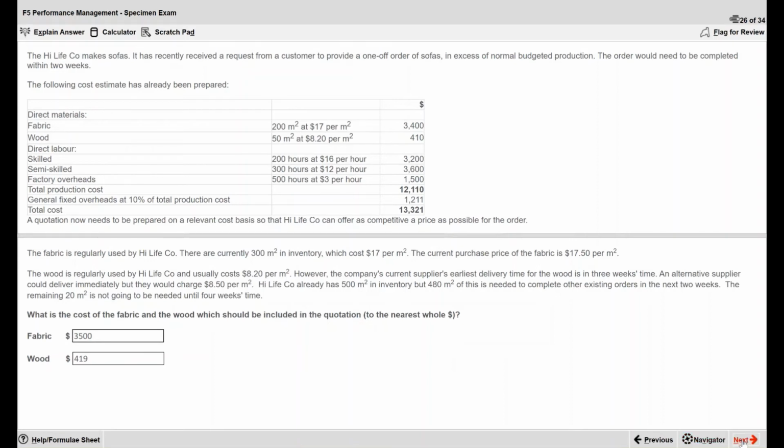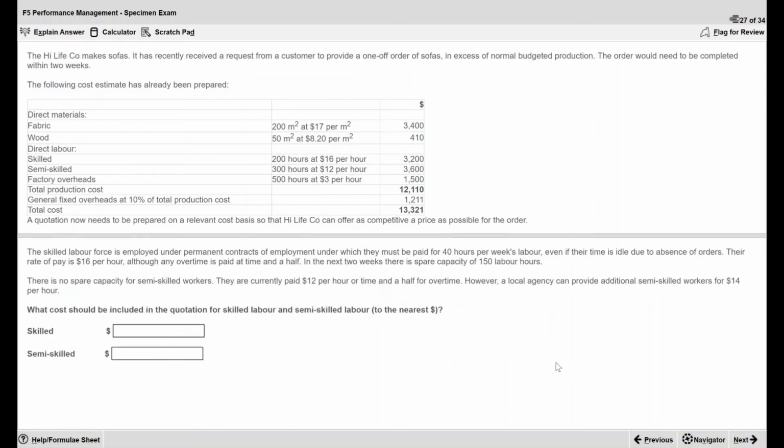Okay, let's move forward. What cost should be included in quotation for skilled labor and semi-skilled labor to nearest dollar? Skilled labor force is employed under permanent contracts of employment under which they must be paid for 40 hours per week's labor, even if their time is idle due to absence of orders. Their rate of pay is 16 per hour. Although any overtime is paid at time and a half, in the next 2 weeks there is spare capacity of 150 hours.